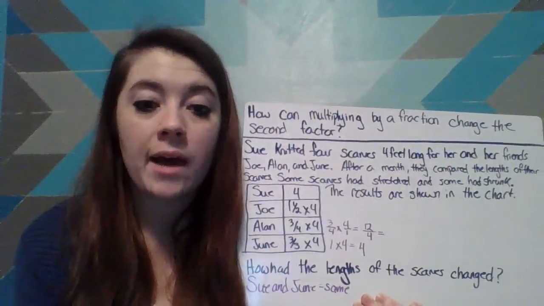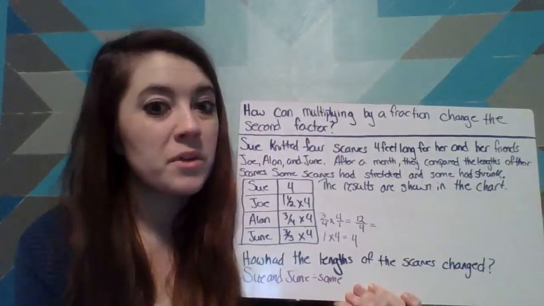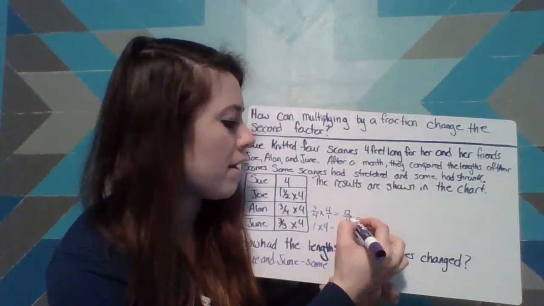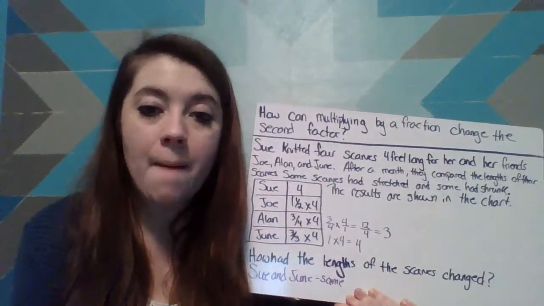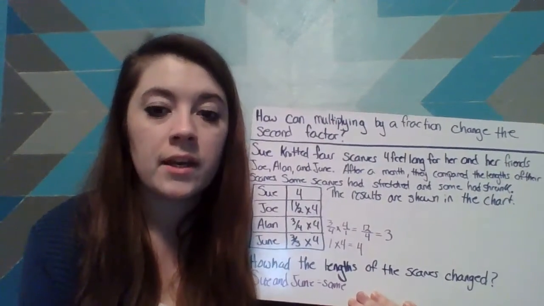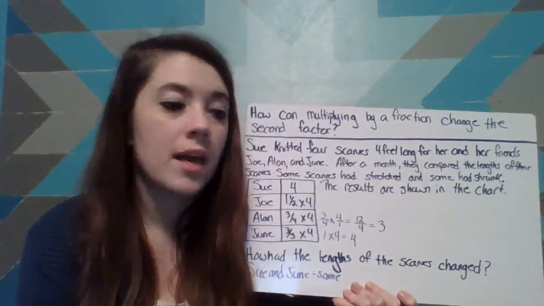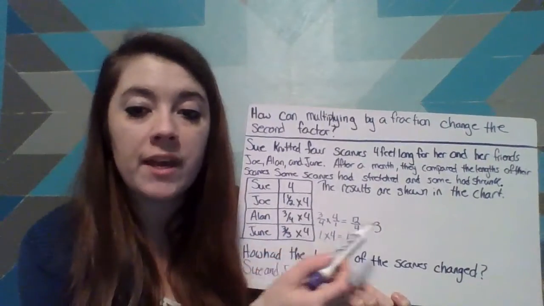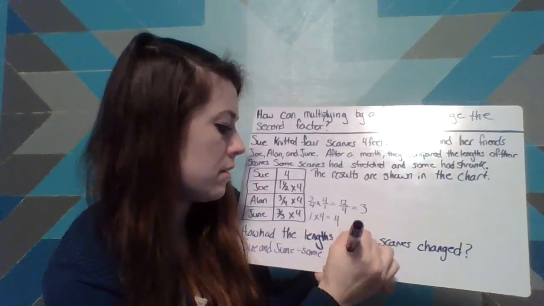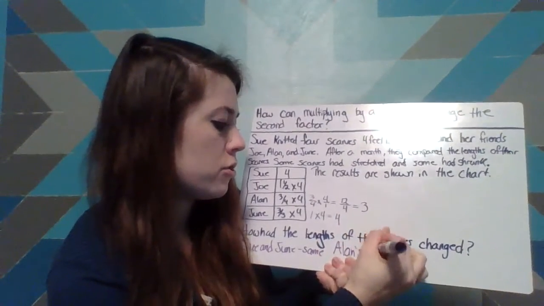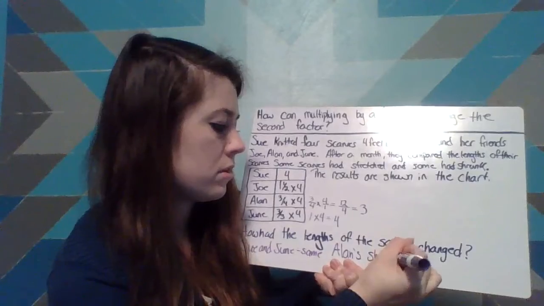Can we reduce that? Yes, we sure can. So 12 divided by 4 is 3. So what happened to Alan's scarf? His shrunk. It went from being 4 feet to now it's only 3 feet. So Alan's shrunk.